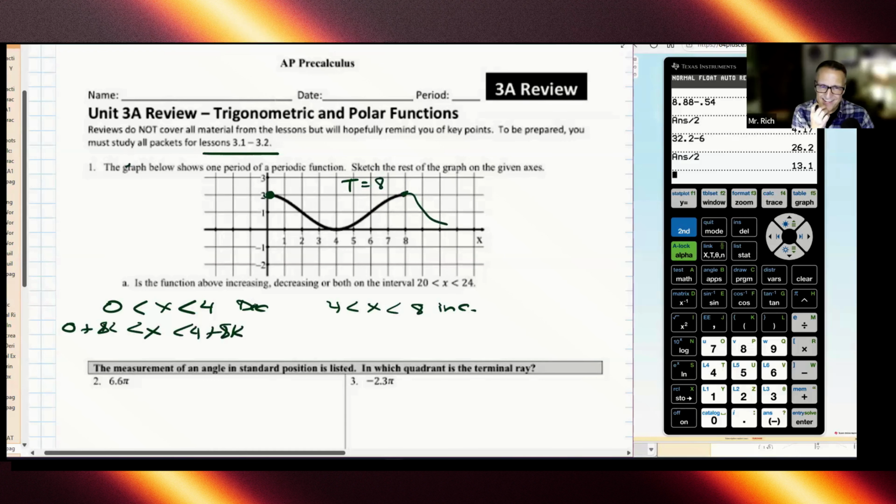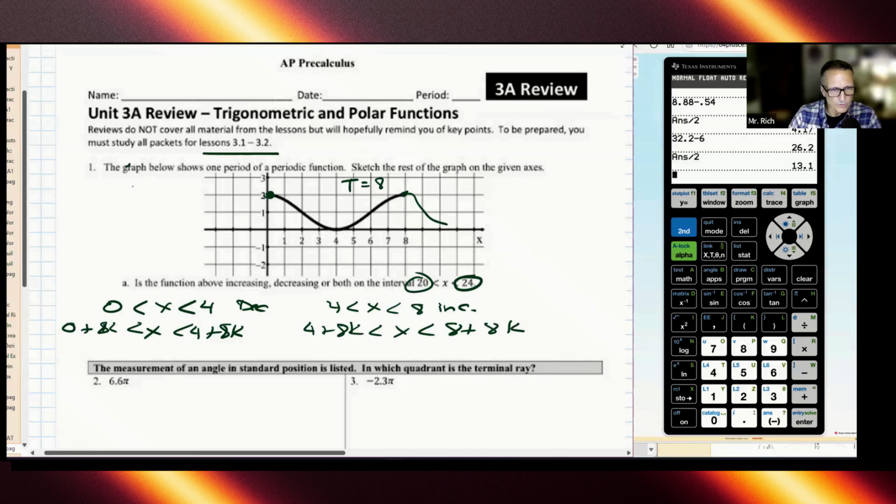When K is 1, it's going to be from 8 to 12, decreasing. When K is 2, it'd be the next portion of the period. And then we could say the same thing over here, 4 plus 8K to 8 plus 8K, for increasing. So I could set 4 plus 8K equal to 20. 20 minus 4 is 16, 16 divided by 8 is 2.